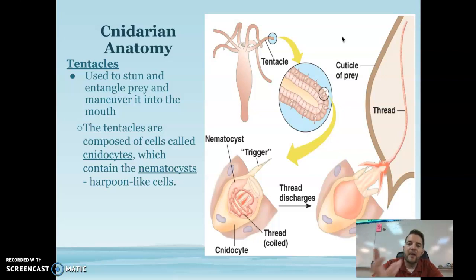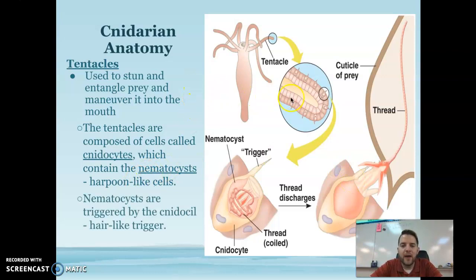They contain the nematocyst. Now, the nematocyst is essentially a harpoon. So over here, this is the nematocyst. We see that it is essentially kind of a sharp harpoon, and it has a thread on it. It also has a poison gland inside of it, so it can actually secrete the venom or secrete the poison. And the nematocysts are triggered by the cnidocyl.